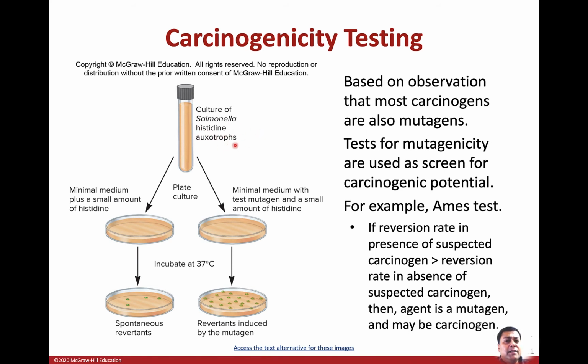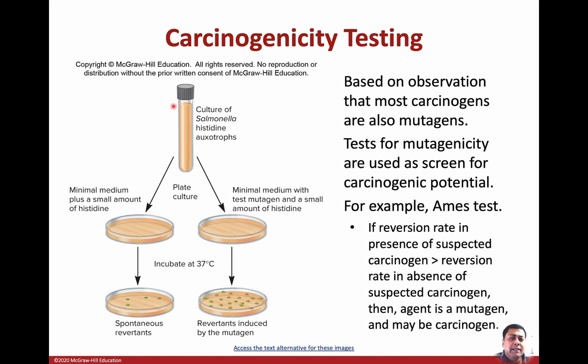Histidine is an essential amino acid. Along with that, the test utilizes a particular culture of these Salmonella which have a more permeable cell membrane and cell wall, so that the testing reagents, or the mutagens, can easily get inside the cell to have a mutagenic effect.